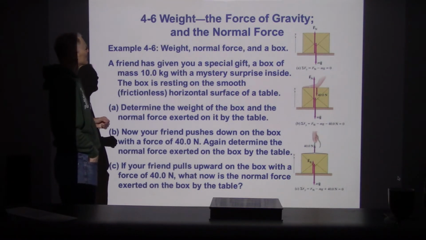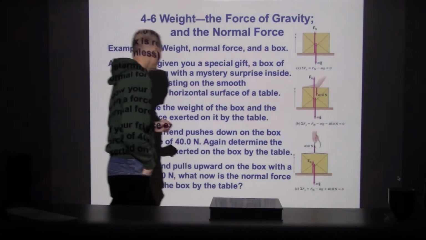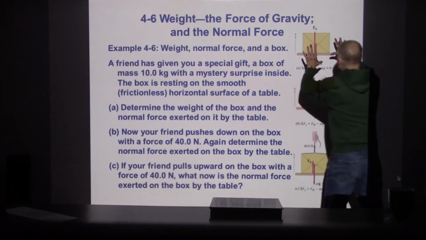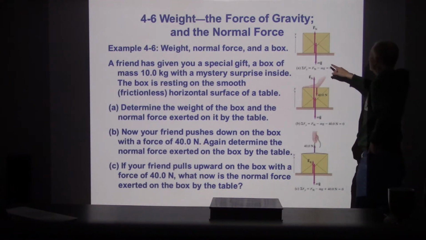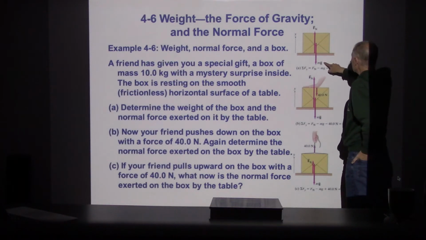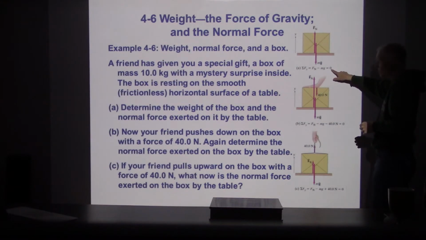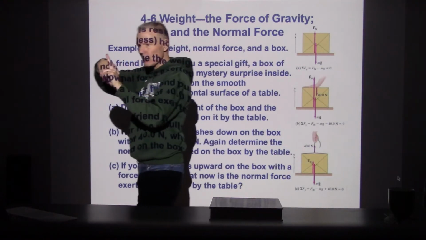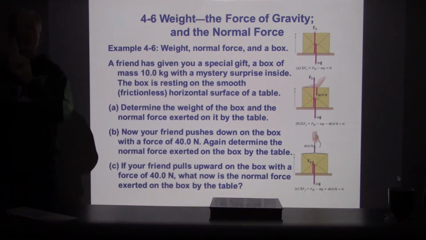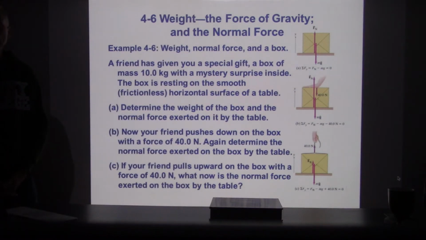Ooh, there's a lot of stuff going on here. Let's see. What it's saying we're doing here is setting an object on a surface, so we've got that normal force and this gravitational force. The combined effect has to be 0. How do we know that? How do we know that the normal force and the gravitational force for this first example have to match?